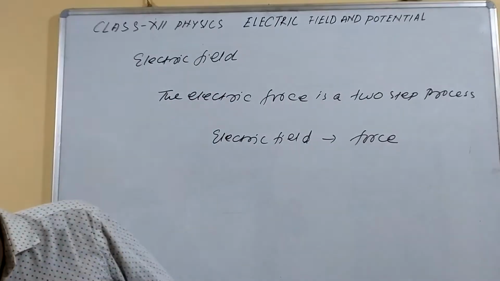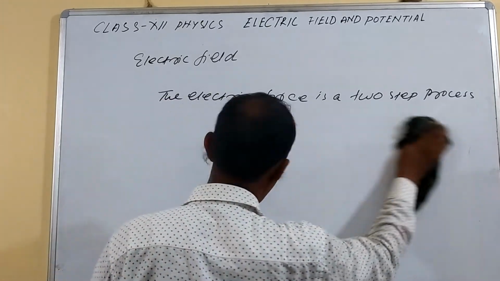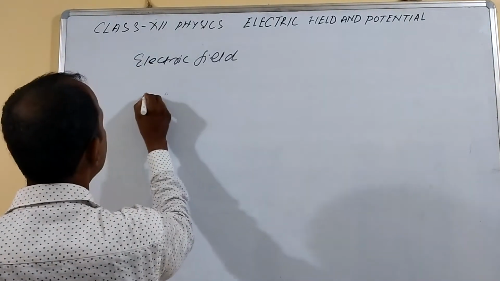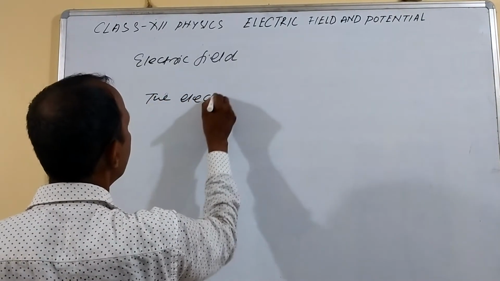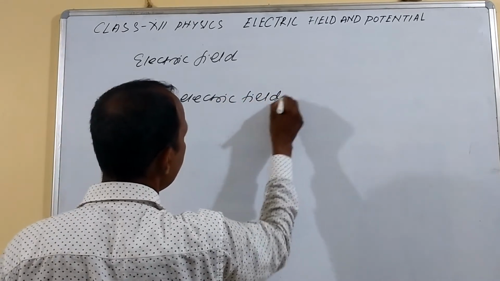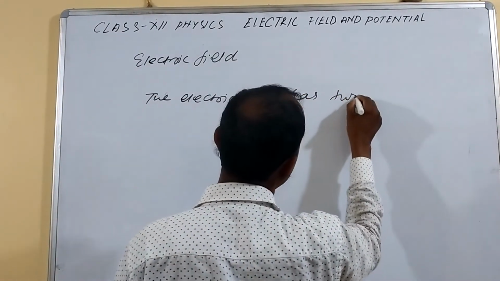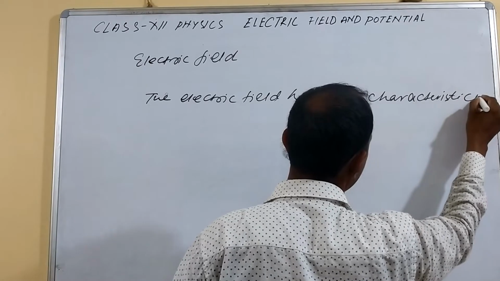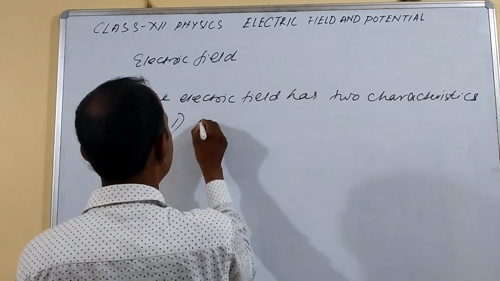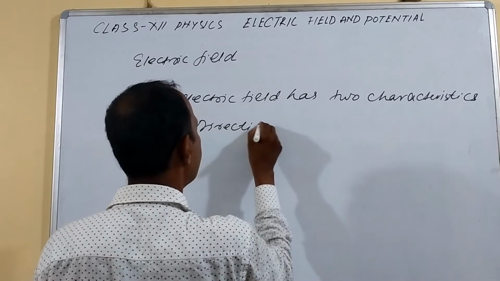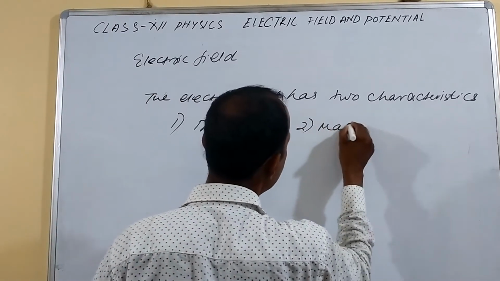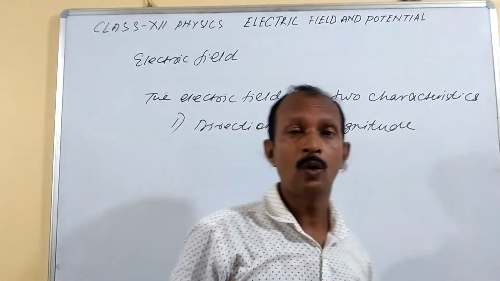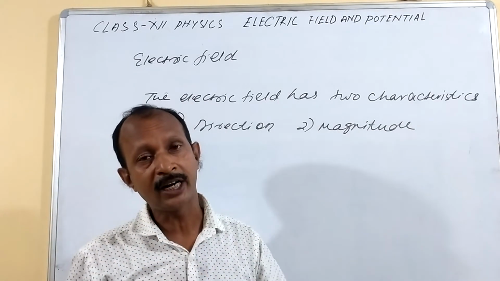Now, this electric field has two characteristics. What are they? One is the direction. The second one is the magnitude. So, what is the direction of the electric field?